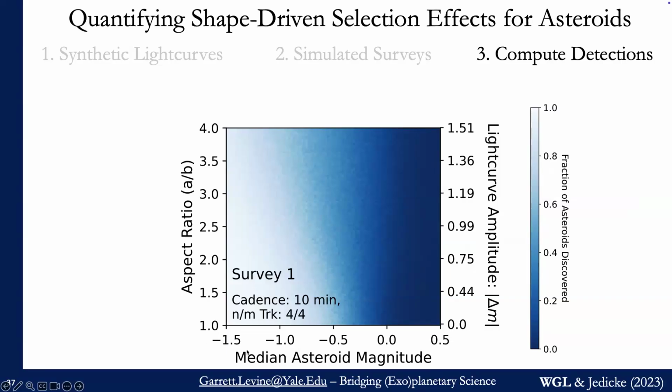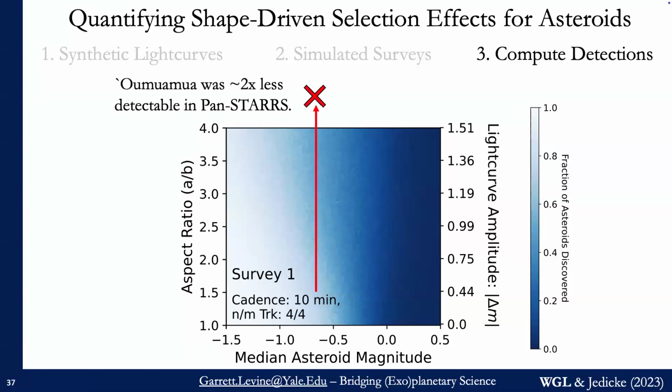And then it goes to bright, where more asteroids are discovered as they get brighter. That's no surprise, but we also see an up to left slope here, which tells us that all else equal, as I change the shape, finding asteroids becomes less likely as they get more aspherical. Now, Oumuamua is actually off the charts here. It was about 2 times less detectable in Pan-STARRS.